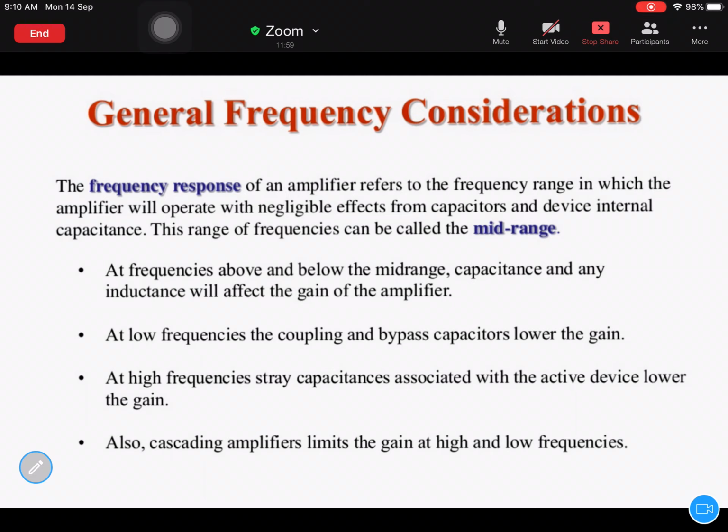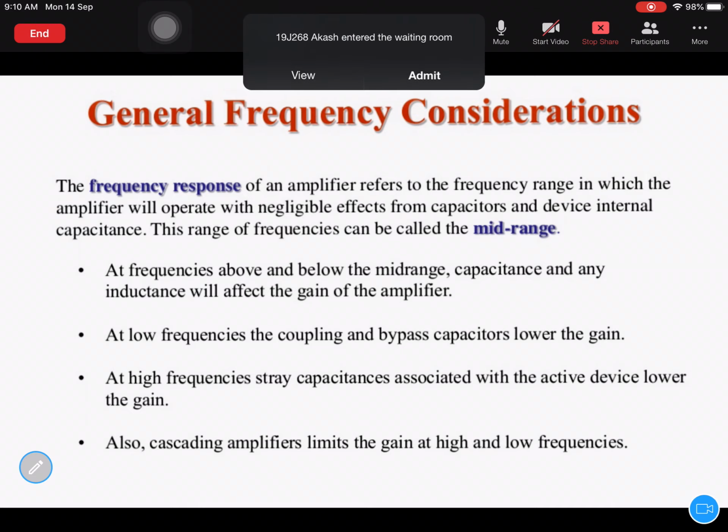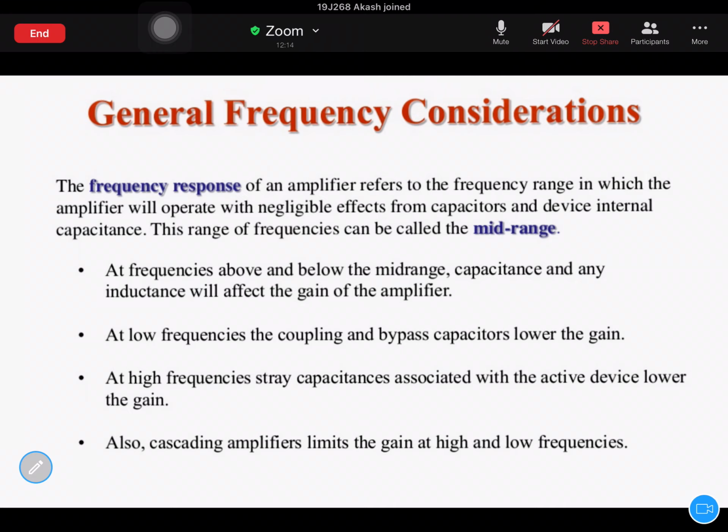So first, coming to the CE amplifier, why do we have to study frequency response? Frequency response means you are studying the operation of the amplifier, with negligible effects due to other capacitors and the internal capacitance present in the amplifier circuit itself.